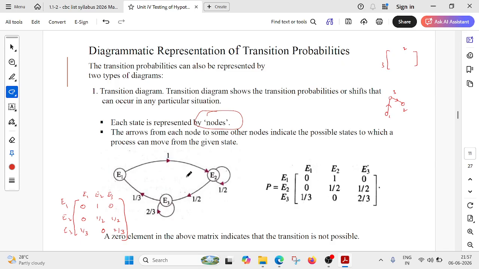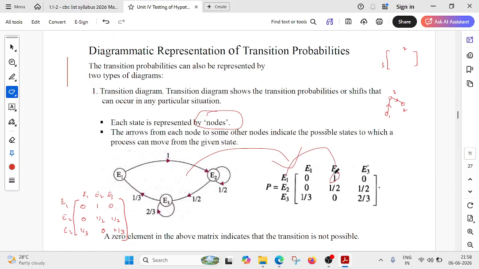Based on this graph we are going to write the transition probability matrix. We can see how many states there are: E1, E2, E3. Now E1 to E2 is there, the path.